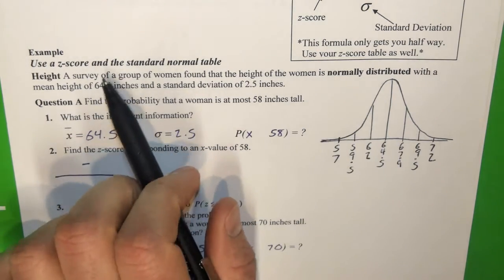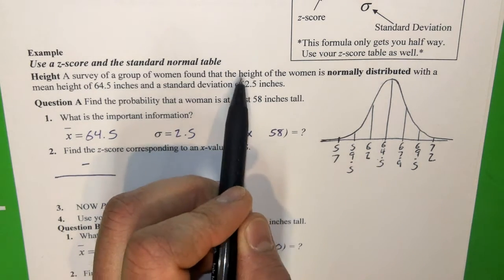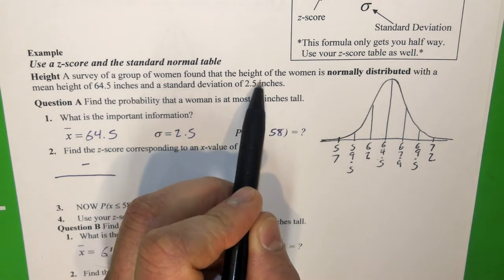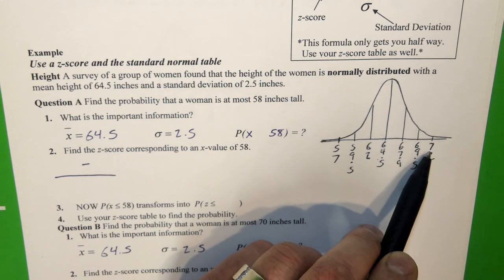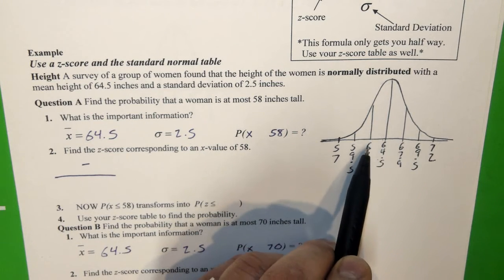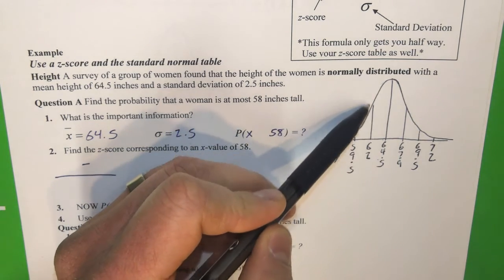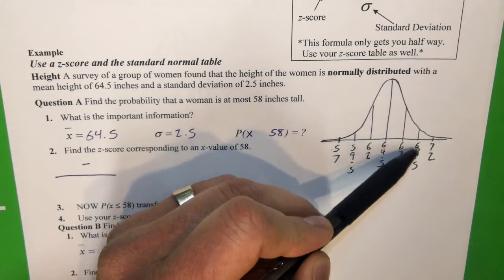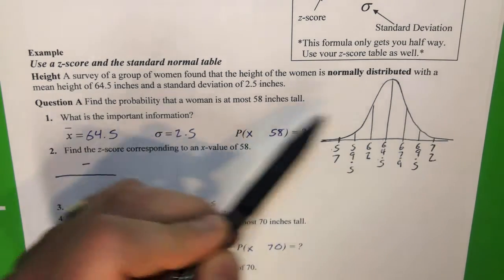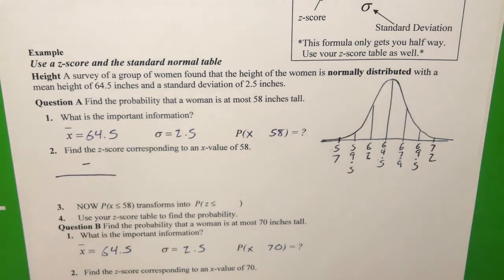We would take our mean of 64.5 and put it here in the middle, and then we would use our standard deviation to add 2.5 and increase that height, and then we could subtract 2.5 and decrease the height. You can see that there are a lot of women that have this average normal height. There are some women that are particularly tall, and there are only some women who are particularly short. So all of this feels very normal.